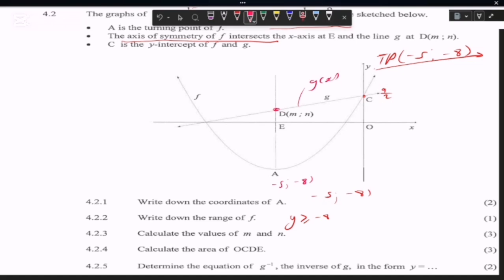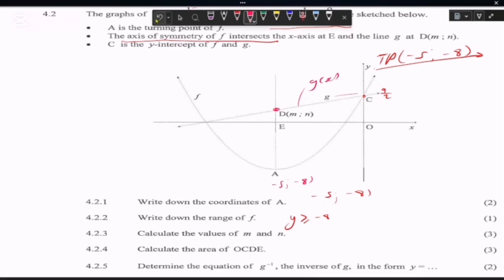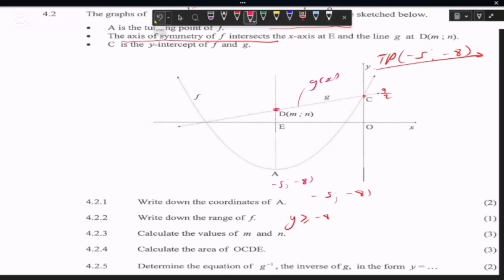How do we go about doing so? The first thing that we need to recognize is that this point lies on the graph of G. So we have an equation that we can use.